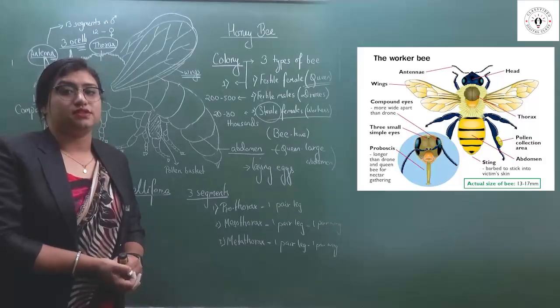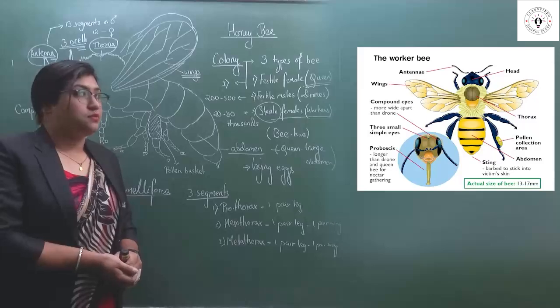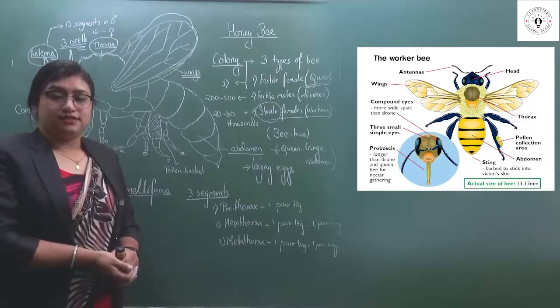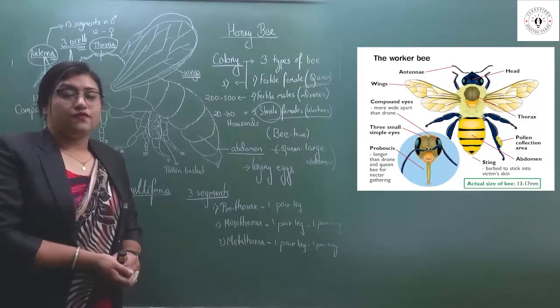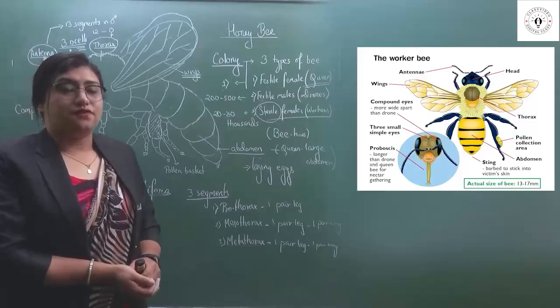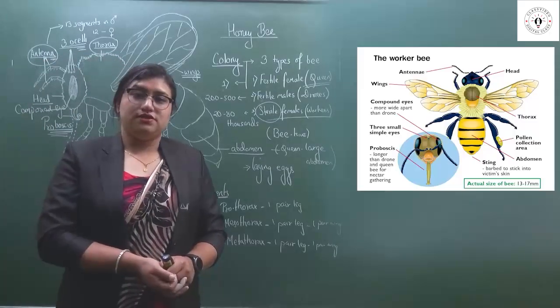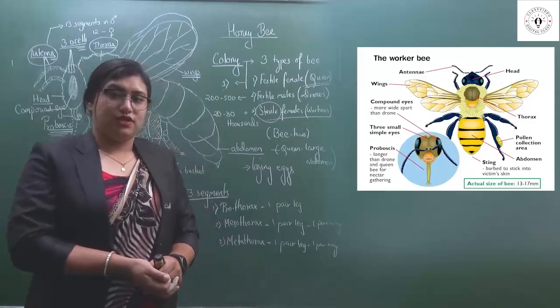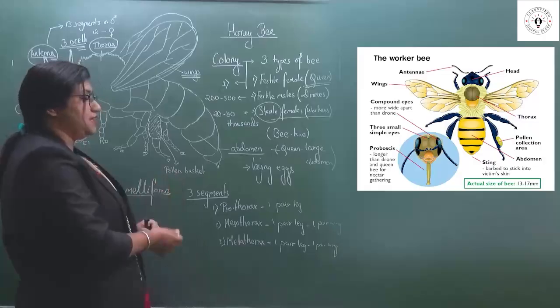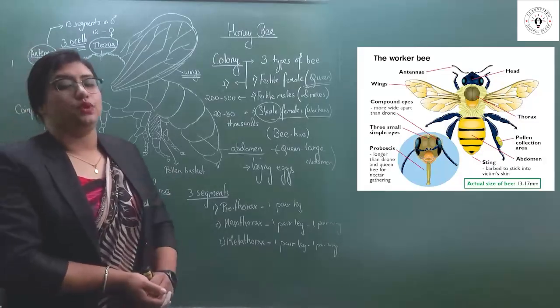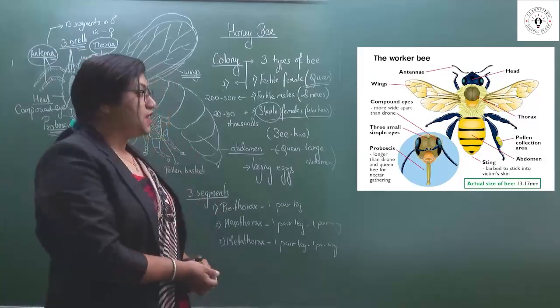That is because it has the bristles. Whenever they fly and sit over the flower, the pollen grains fall down and get attached in this section, which is called the pollen basket or pollen collecting area.